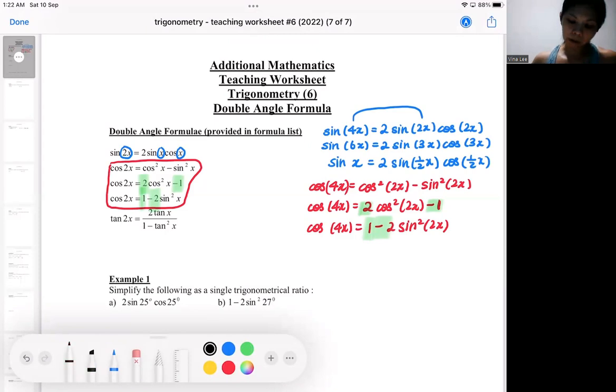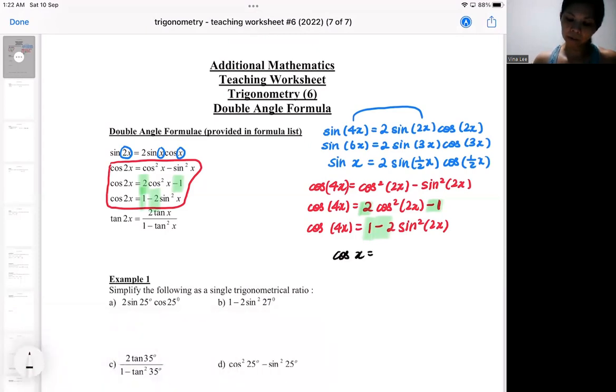One of the more important ones is the one where I can write cosine x in this format.